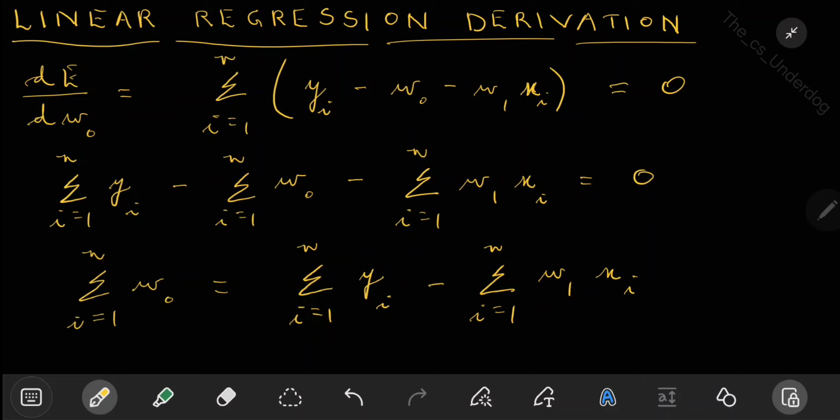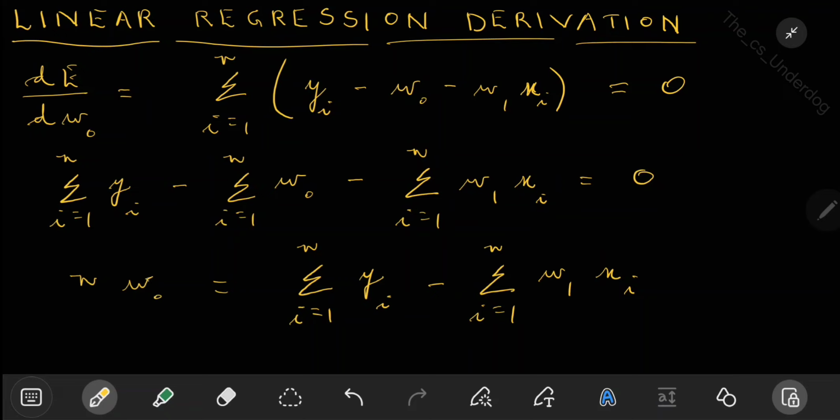So I took W0 to the right side, so that became positive. What is sigma i equal to 1 to n W0? You are simply summing up W0 n times. That is W0 plus W0 plus W0, you're doing it n times. So it will become n into W0. So instead of this, I'll write n into W0.